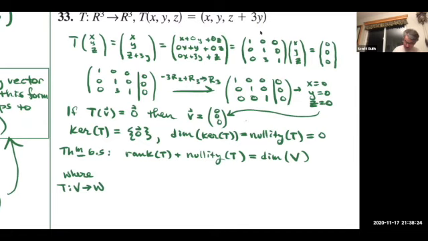Okay, and just as another reminder, the rank of T is the dimension of the range of T. And I already mentioned the nullity is the dimension of the kernel of T. And the dimension of V, this is N, is what they call this in the theorem.